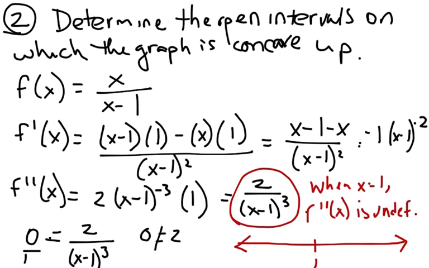So 1. So I need to choose a number smaller than and greater than 1. So I'm going to choose 0 and 2. And I'm going to substitute those values into this second derivative equation to find out if my curve has a positive or negative second derivative, which would then tell me about the curvature.